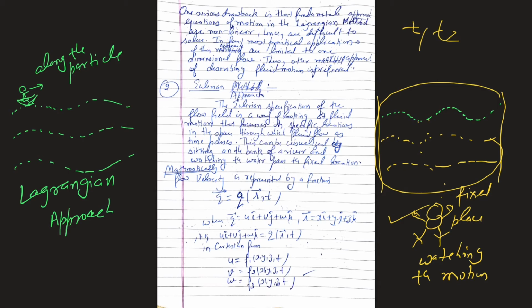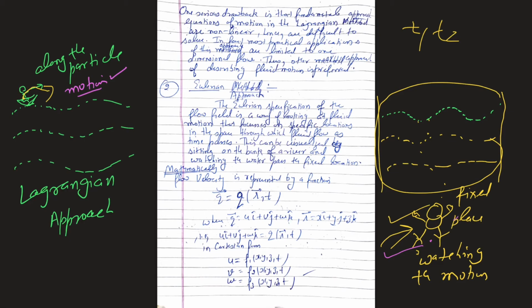So in the Eulerian approach, the observer is fixed, while in the Lagrangian approach the observer is in motion and moving with the particle. In the Eulerian approach, the observer is fixed, with a camera in his hand to record the motion. So that is the main difference.